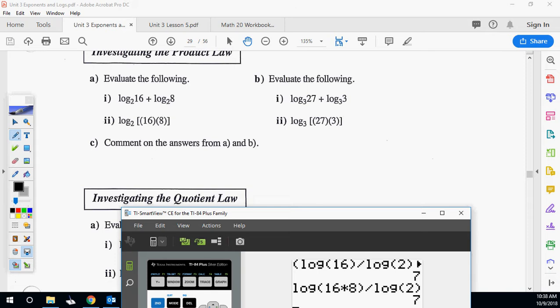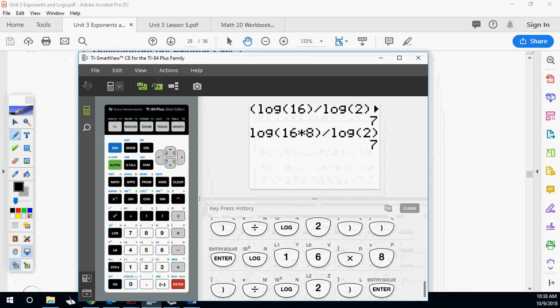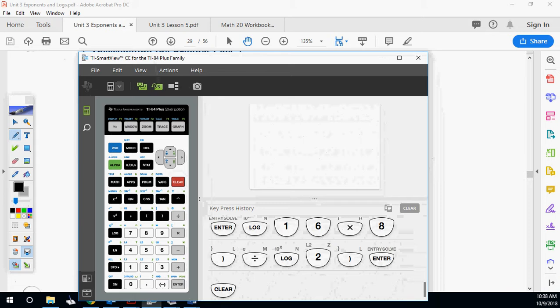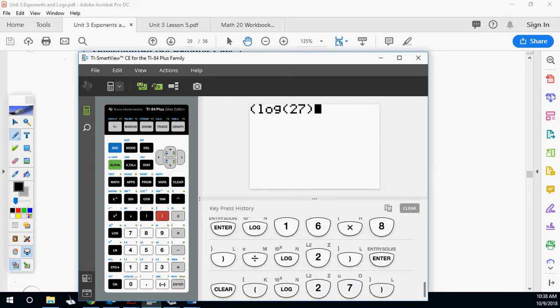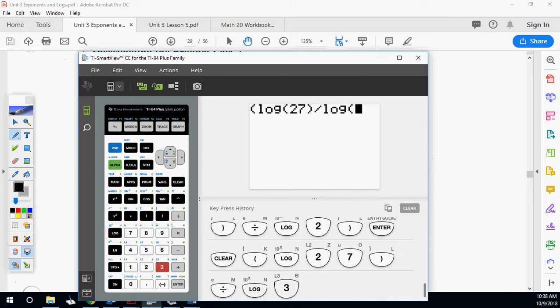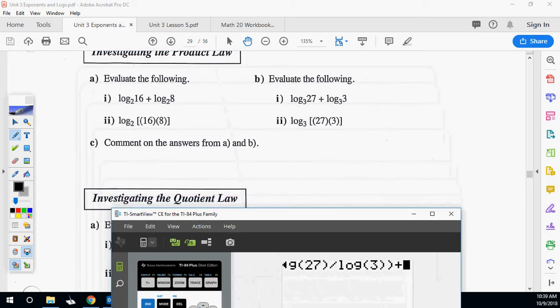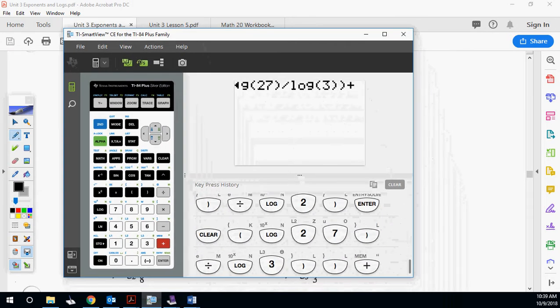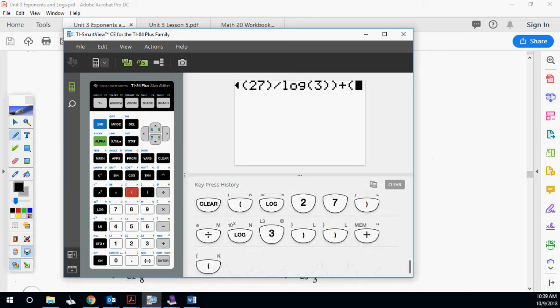Just like when you're solving something, sometimes you have to divide and sometimes you don't. Sometimes you need the product rule, sometimes you don't. So it's the product law. Let's look at this one as well. We'll just do it one more time. So let's do 27. I got log of 27 over log 3, and then plus log base 3 of 3, which we know is 1, but we'll plug that in still, just to be consistent.